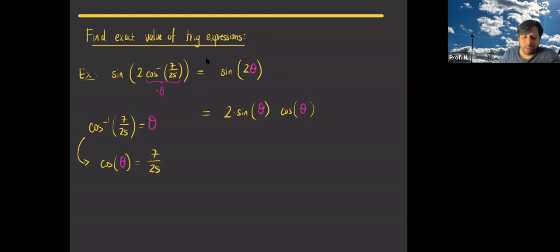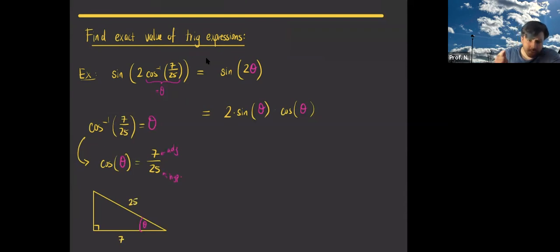But what is a right triangle with these dimensions? What is the adjacent side? Hypotenuse side. So this side here that's adjacent is what? 7. The hypotenuse is what? 25.